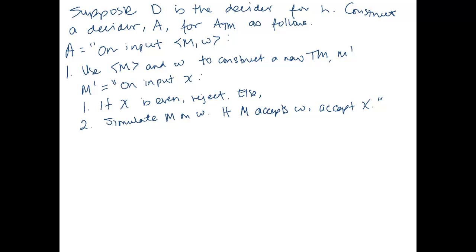Okay, I'm out of the description for M prime, so back to my description for A. It has constructed M prime, and then in step 2, it runs D, my decider for L, on M prime.